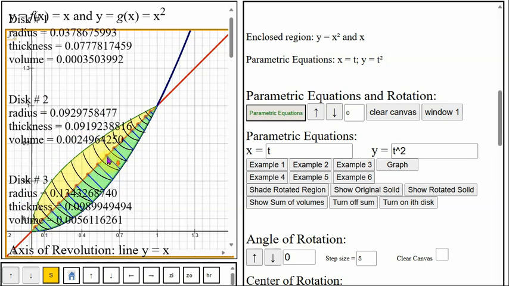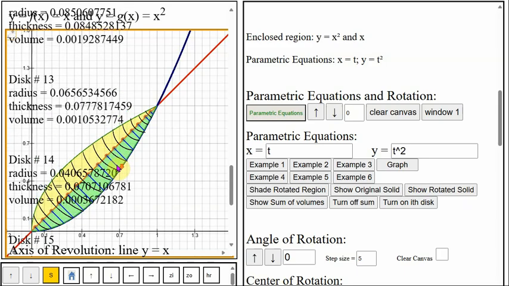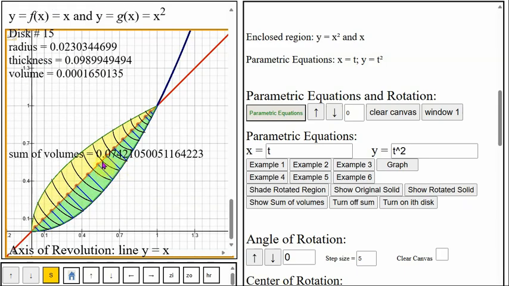And so the sum of the volumes of the 15 disks is about 0.0742. And so the volume of this solid of revolution here is approximately 0.0742.